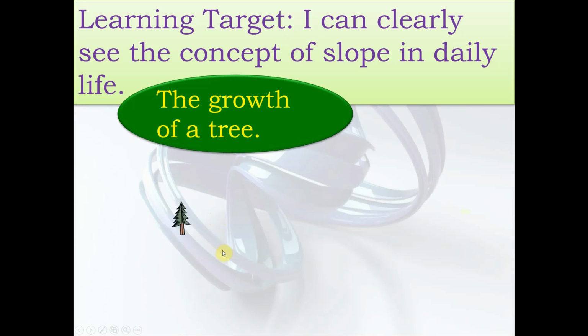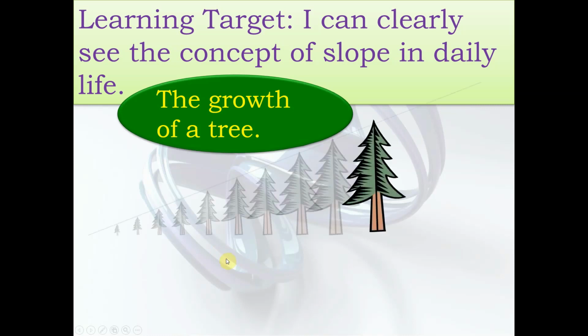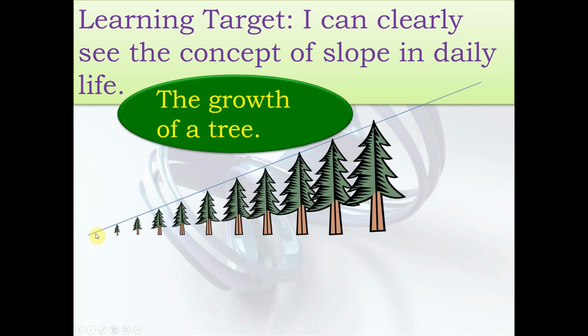Growing, growing, growing. I know it takes about 100 years to grow so tall, but you can imagine. If you really take a picture and lay it out like this, you will see this line here.